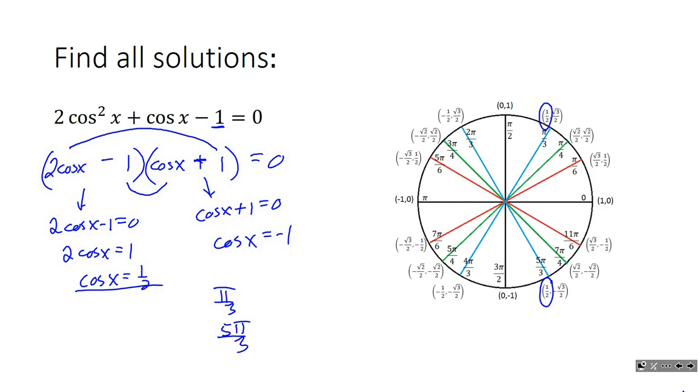And then for cosine x equals -1, I'll do this one in green. The only place you'll see that will be over here at pi. Now it does say find all solutions, and so this is where we would say then plus 2 pi k, where k could be any integer at all.